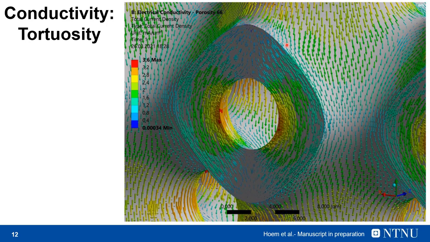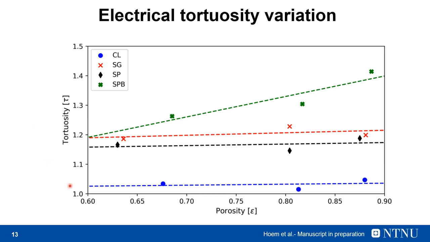We can see that when the vectors are changing directions, there is induced tortuosity, which increases the length the electrons have to travel through the structure, and hence increases the resistance. Here we can see the tortuosity for the different structures. Cubic lattice has almost no tortuosity, followed by the Schwarzschild, which is the best performing structure, then Schwinn-Gyrrid and Schwarzschild beam, which is the least performing structure.